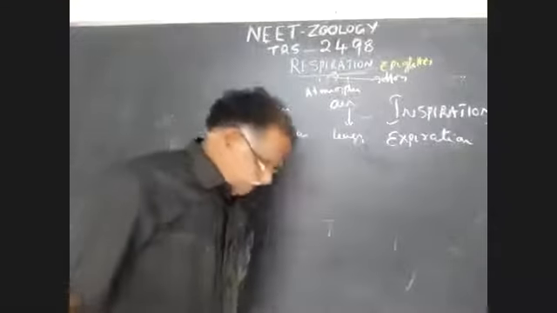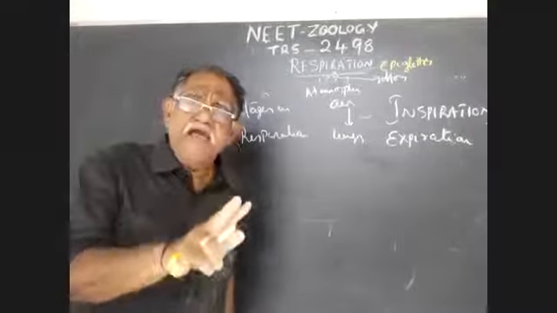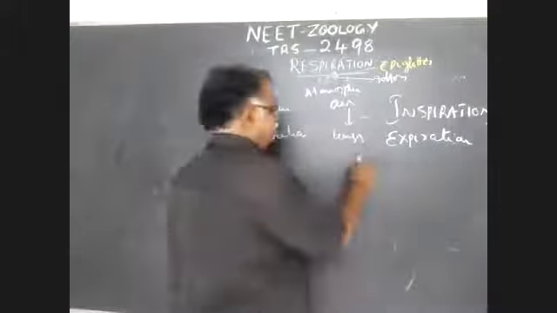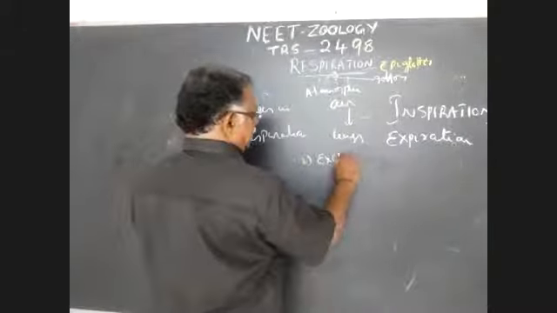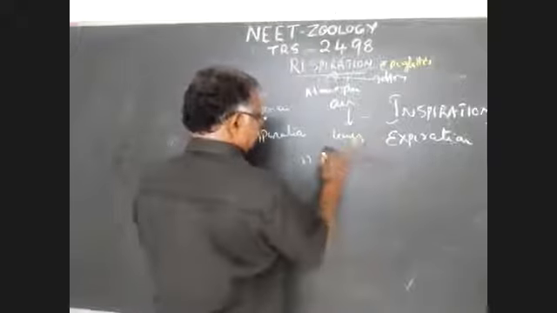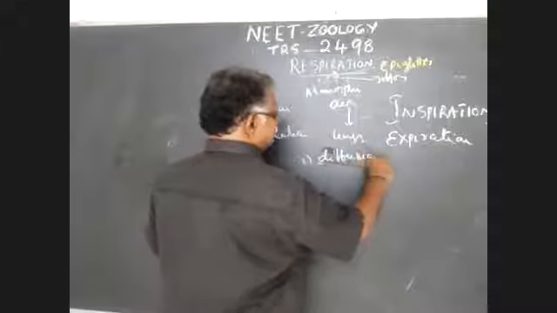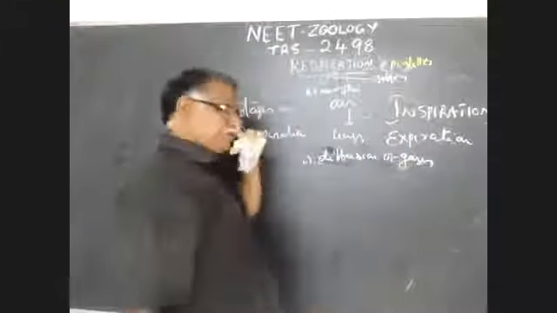Next one. Exchange of gases between atmospheric air and blood present in the alveoli. The next stage is diffusion of gases.